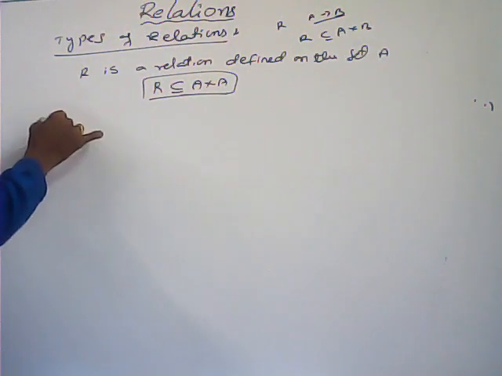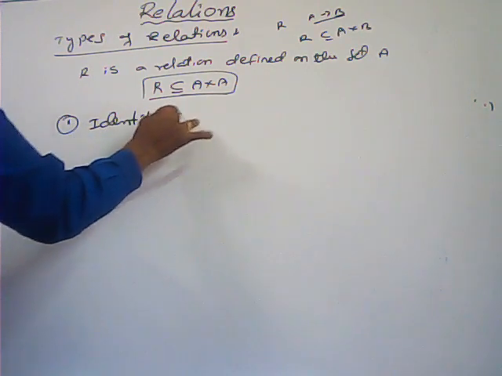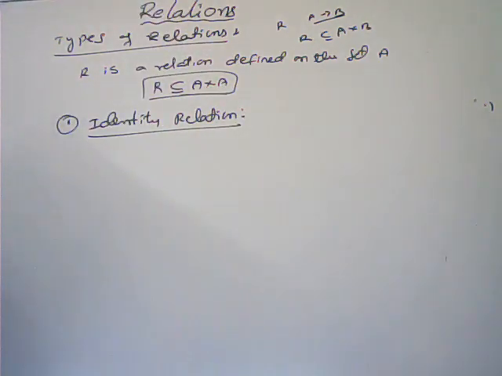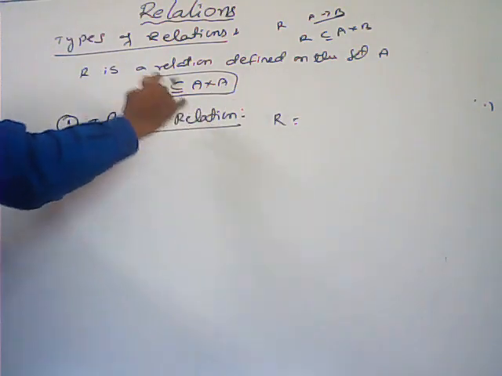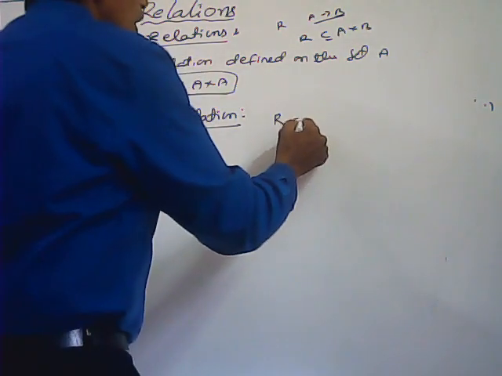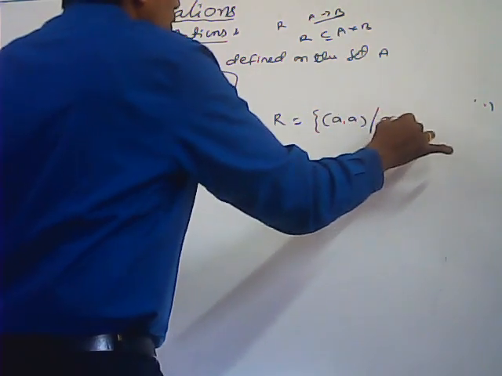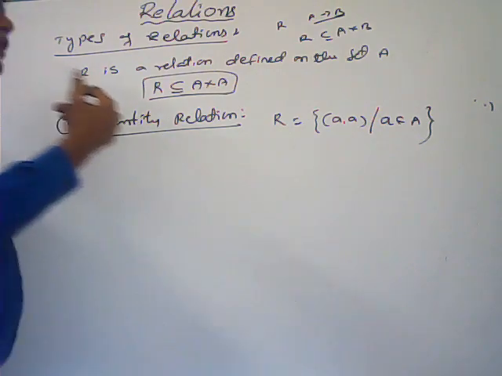Now types of relation. First one, identity relation. R is a relation defined on the set A. So here R is equal to, starting you have to write R is a relation defined on the set A. Therefore R is equal to set of ordered pair A comma A such that A belongs to A. Here that R relation defined on the set A, any number of elements are there.